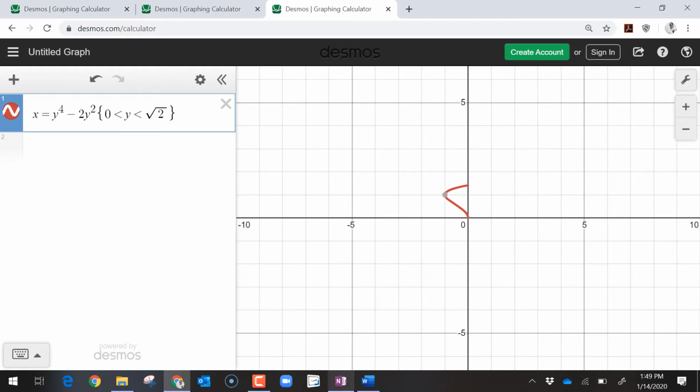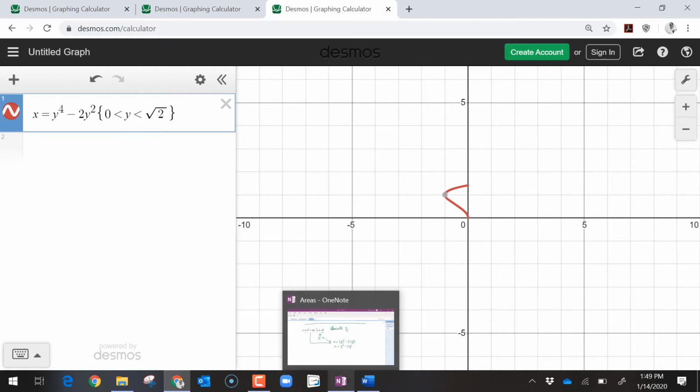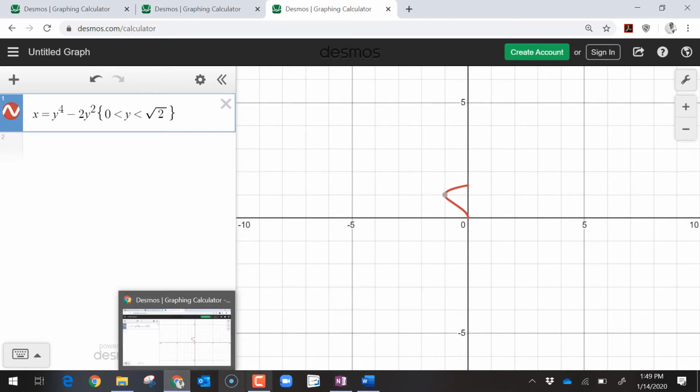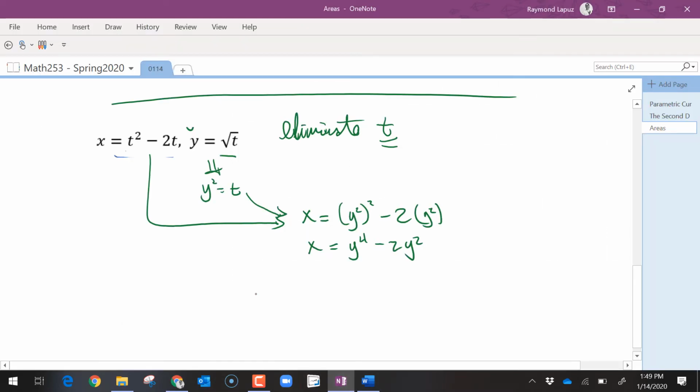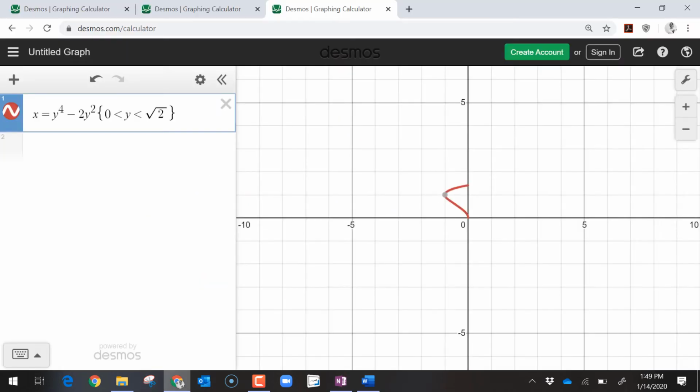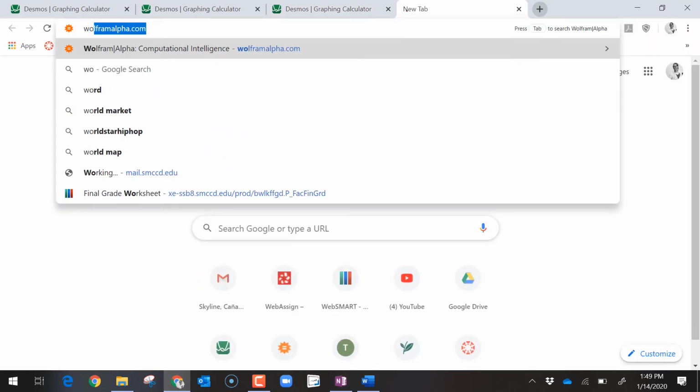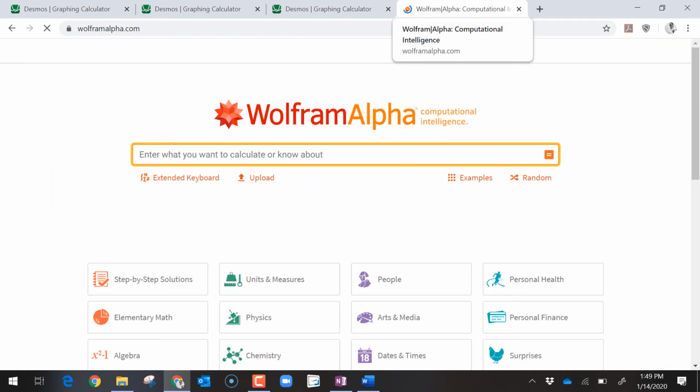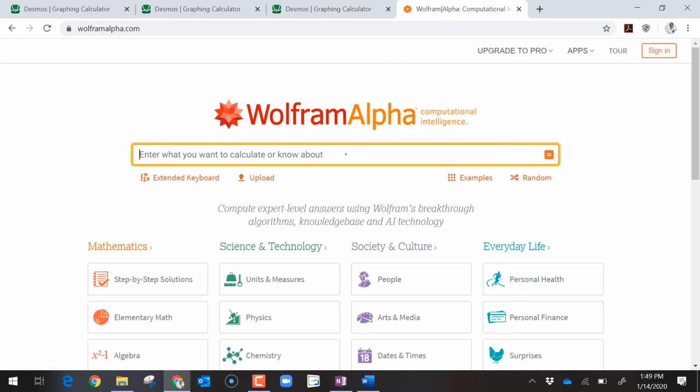That probably means that if I were to integrate this function from 0 to square root of 2, with a negative in front of it, you should get the same answer. Let's see. Wow. Your final answer should be positive, right?